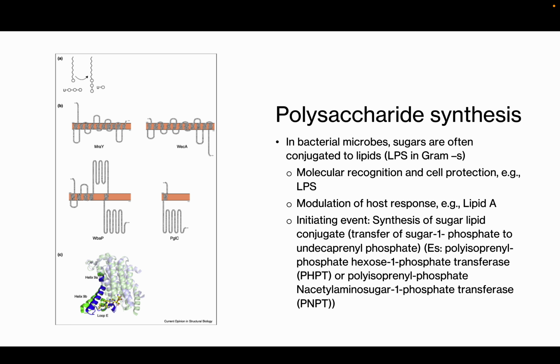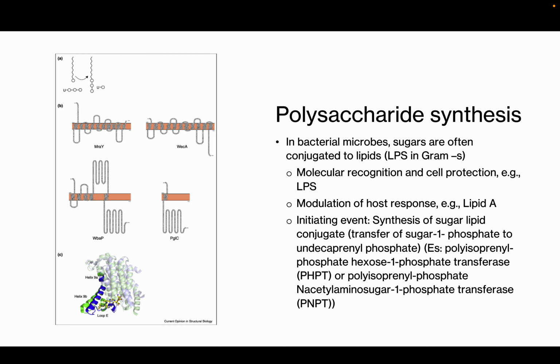They may also modulate response of the host in the context of a pathogenic bacteria trying to invade the host and evade the immune system. So an example is lipid A.